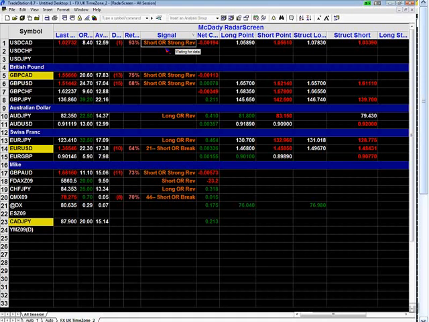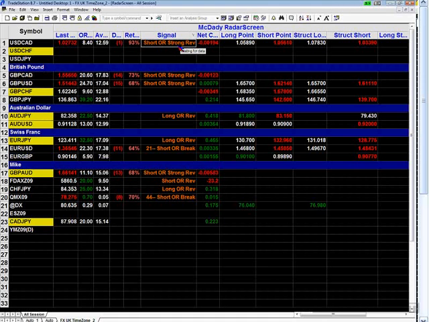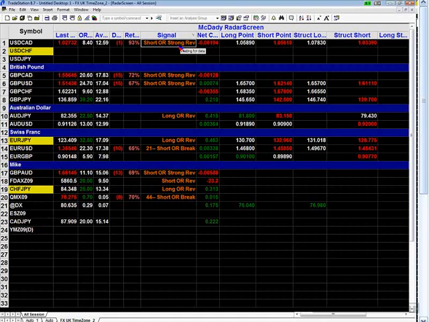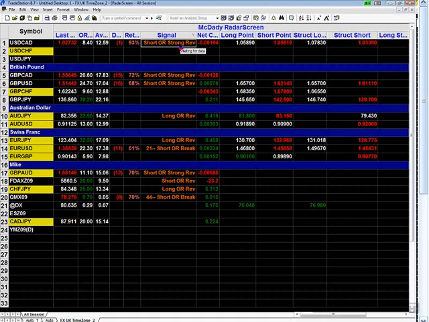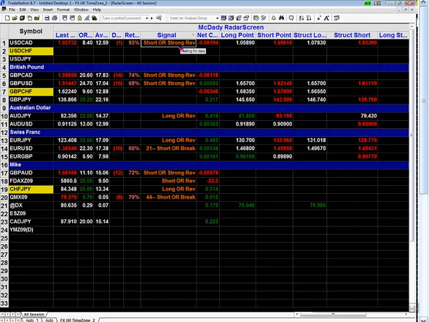So for example, the dollar CAD, you see here I have a strong reversal. This means that the market has been going in one direction, it has turned around and it is now giving me a strong reversal. These strong reversals are quite a strong setup that we need to be looking at, because they usually get some follow through in the following session.